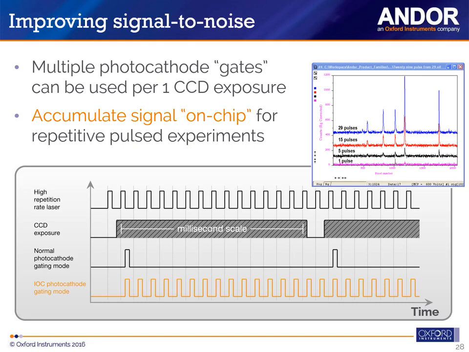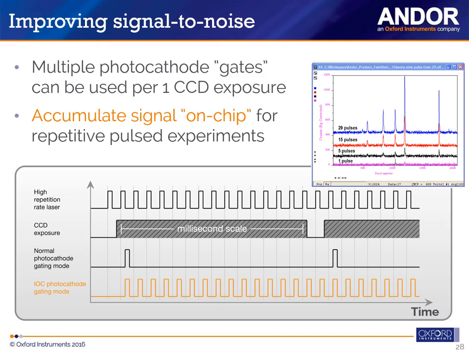If you look at the very top of the graph here, you have, for example, a source, a high repetition rate laser, that will generate useful contributions of signal at a certain frequency. But in a normal photocathode gating mode, you only capture one of these contributions per CCD exposure. There's a lot of useful information wasted. So by opening the photocathode in sync with the laser a number of times during the CCD exposure, you can effectively accumulate on chip multiple contributions of the experiment and then read out one CCD exposure.